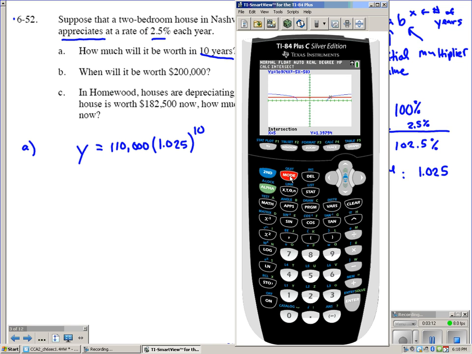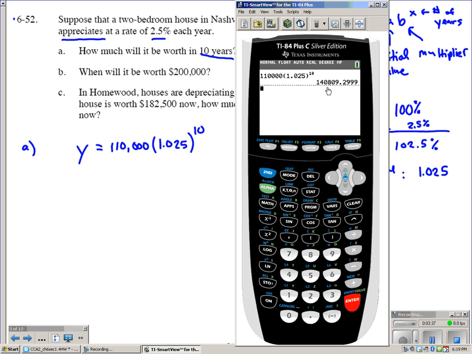Let's do $110,000 times 1.025. Remember, that's 102.5%. And we're talking about in 10 years, so we're going to raise it to the 10th power.